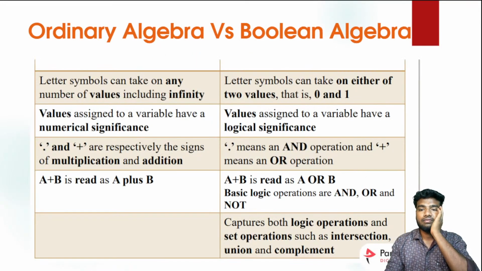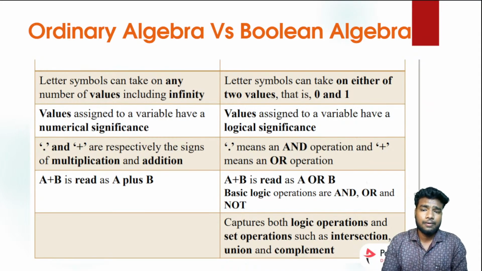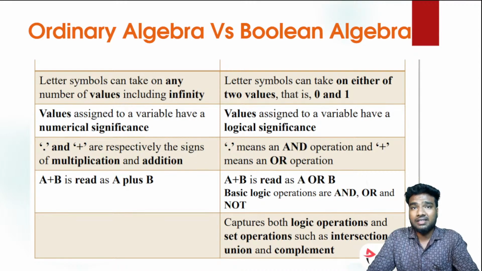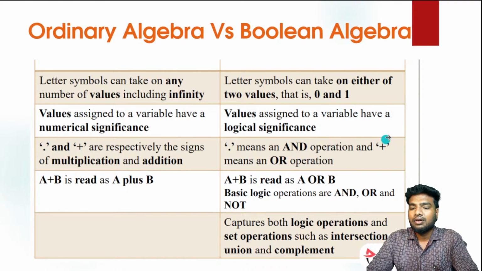Firstly, we need to see the difference between ordinary algebra and Boolean algebra. Ordinary algebra has addition, multiplication, division, and so on. We have the same things here, but we use separate names and keywords like AND, OR, NOT, XOR, XNOR, NAND, and NOR.